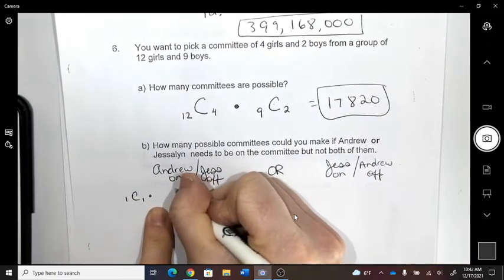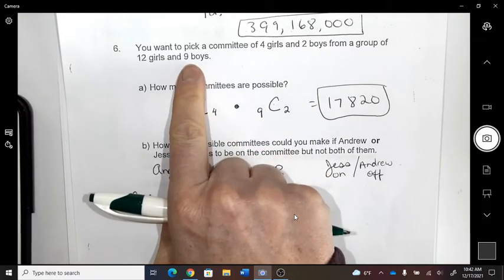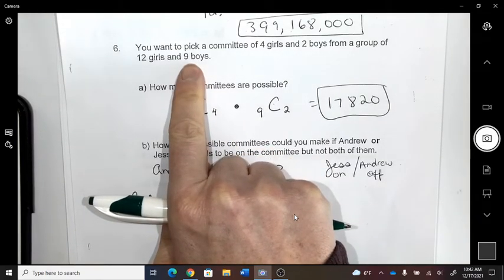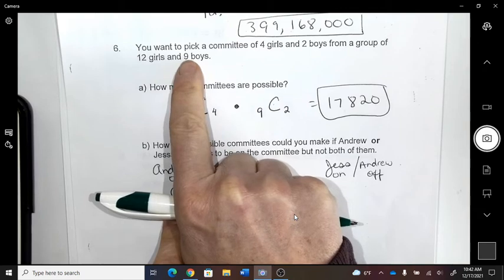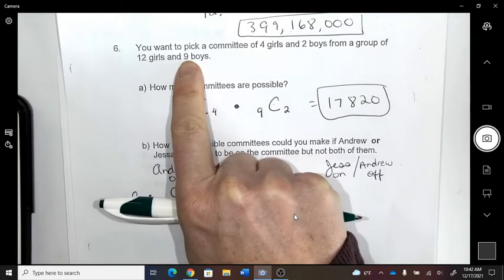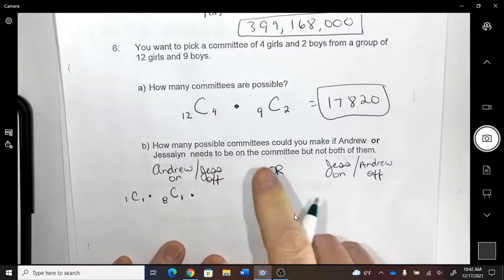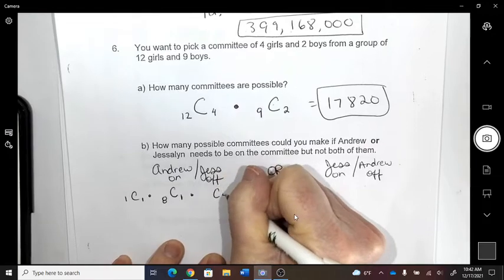So I'm going to choose one more boy. How many boys would I have to pick from here? 8, because I don't have 9 anymore, because Andrew's not involved with this anymore. So I have 8. Okay, so I still need to choose 4 girls yet.